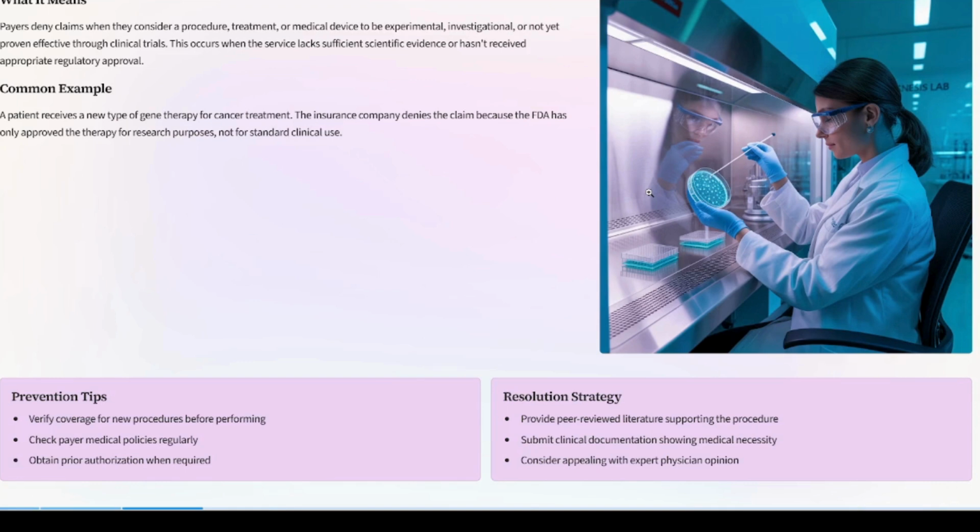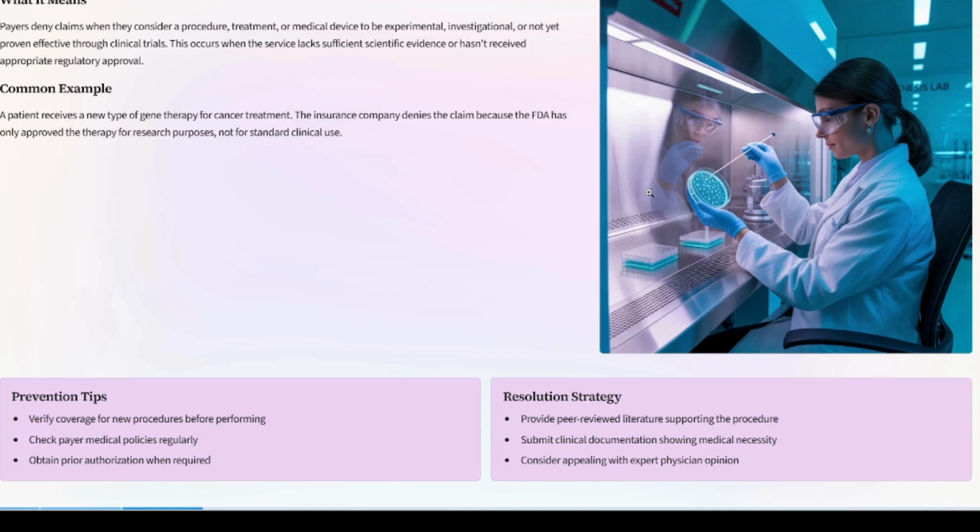All right. So first we would get into verifying coverage for new procedures before performing them. That is being proactive about your process. You would like to check payer medical policies regularly, as well as obtain prior authorization when required.